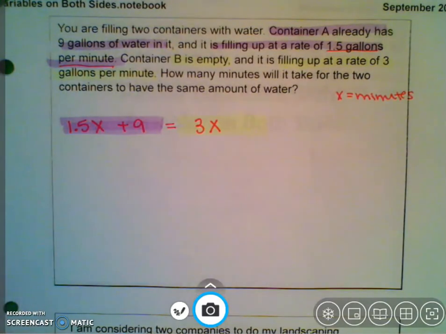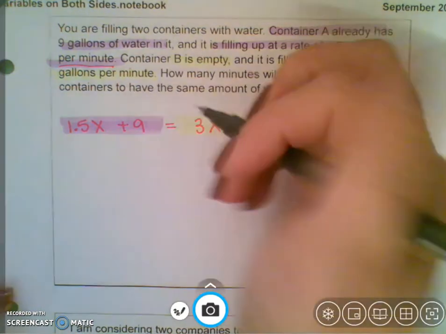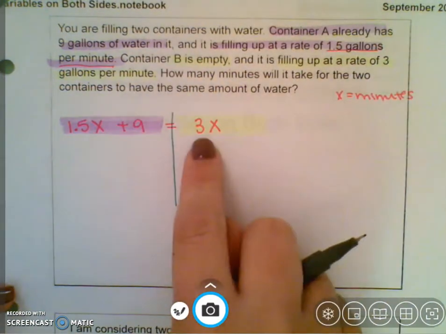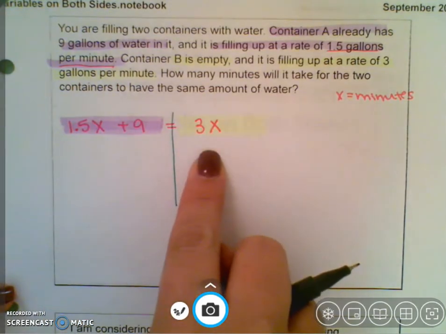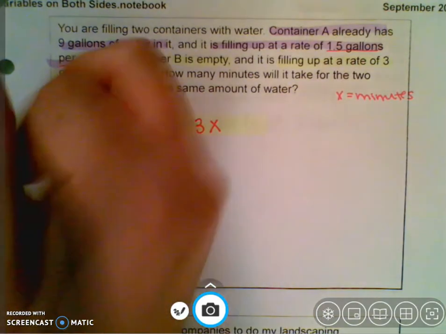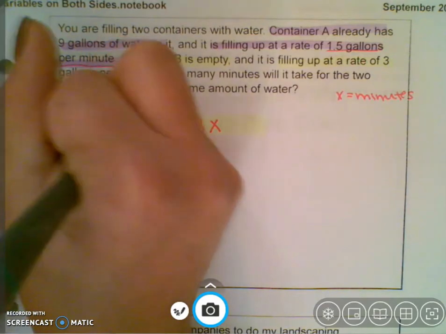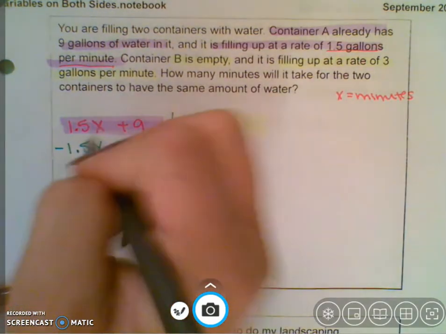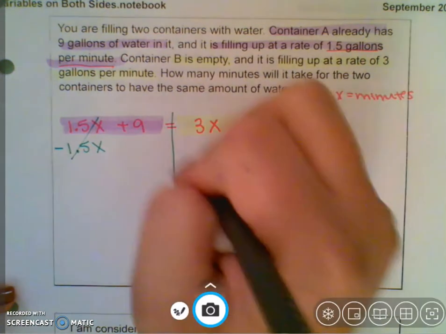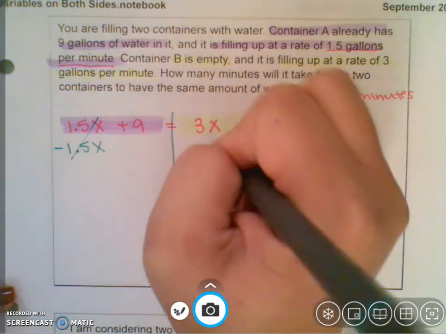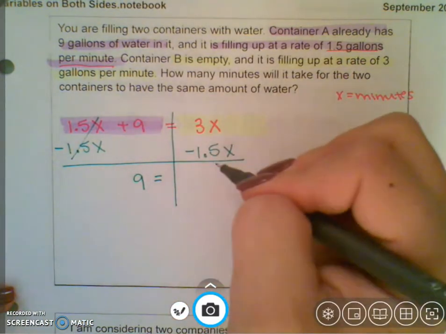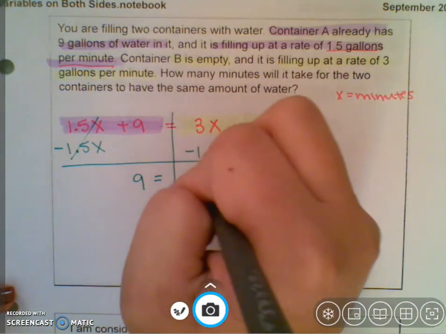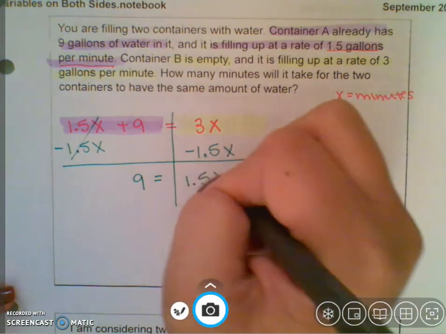Now I need to solve this equation like I've been doing. I need to get all the x's to one side. So since this is already a lonely x, I'm going to move this 1.5 over. So 1.5x, I have to do the opposite, so I need to subtract it. So those cancel out. Minus 1.5x. 9 equals 3 minus 1.5 gives you 1.5, and don't forget to bring your x down.